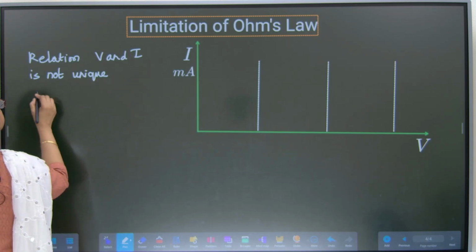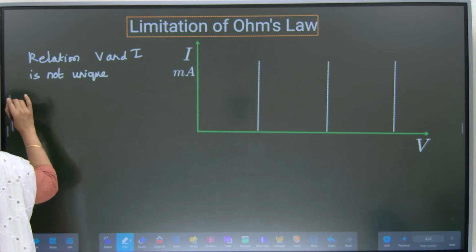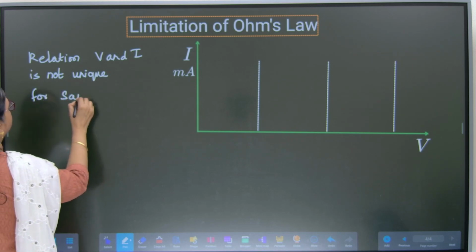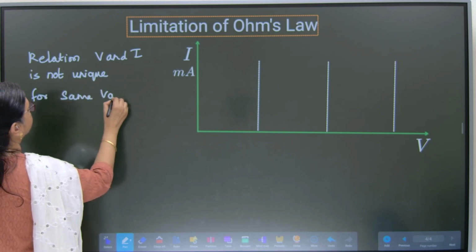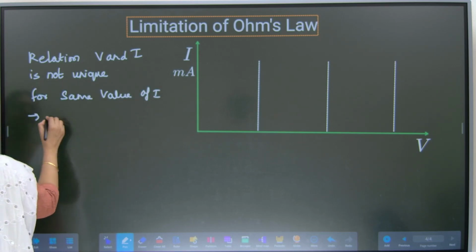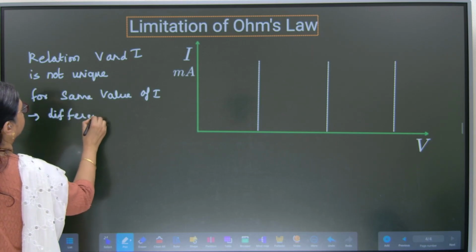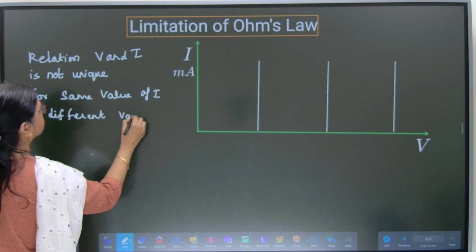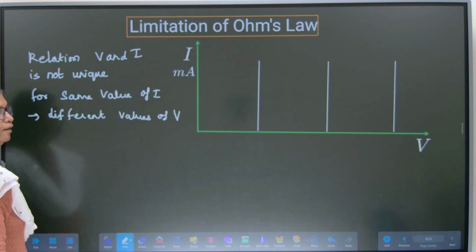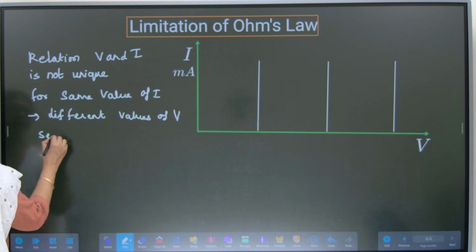There are certain materials like semiconductors in which for the same value of I, we have different values of V. This happens in semiconductors.